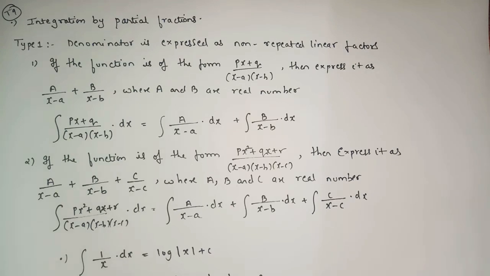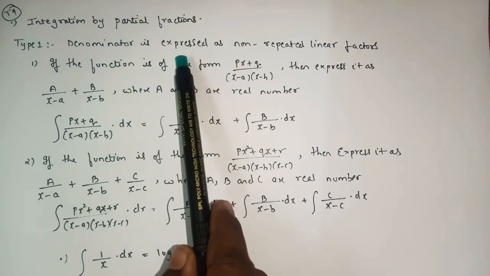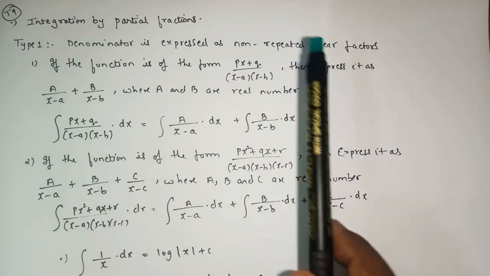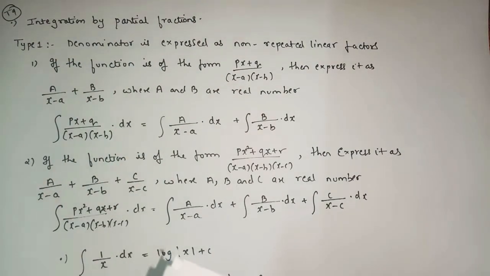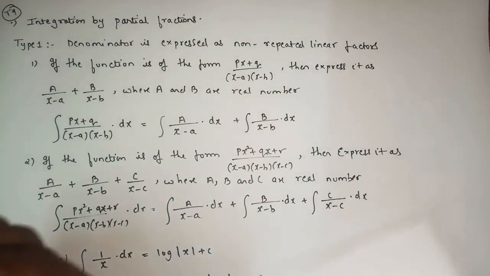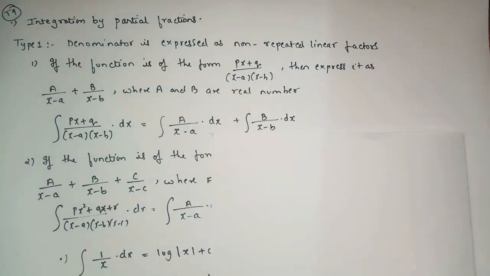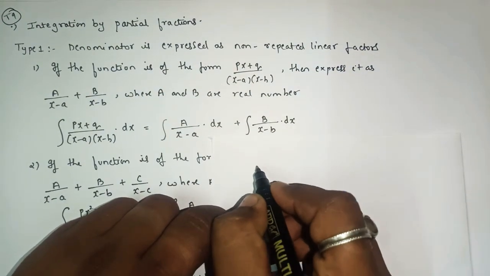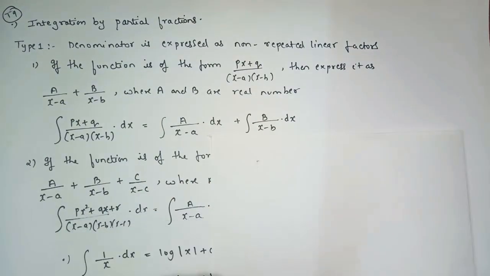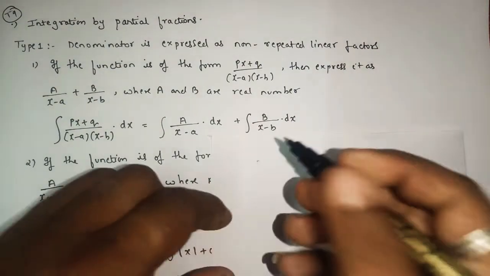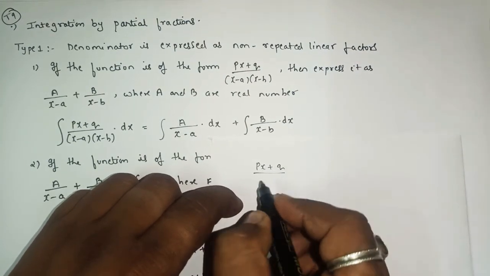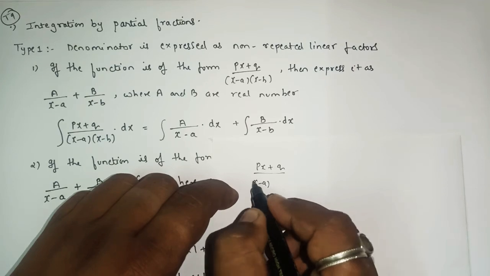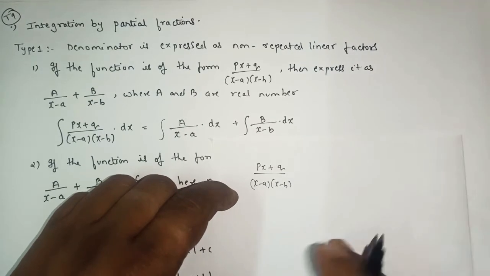So let's begin with the concept first. Type number 1 says that the denominator is expressed as non-repeated linear factors. What does that mean? Your given integral will be in this form: px plus q upon x minus a times x minus b.